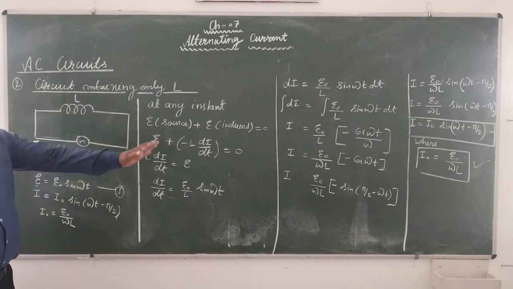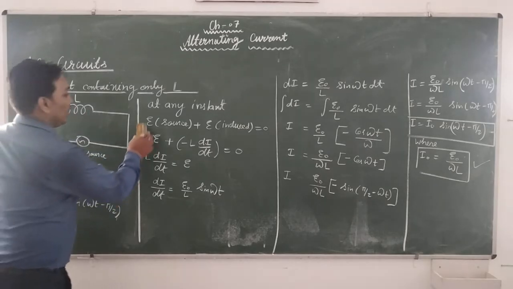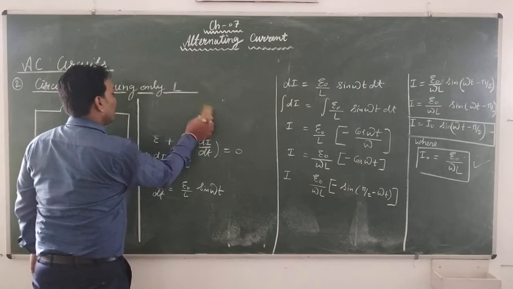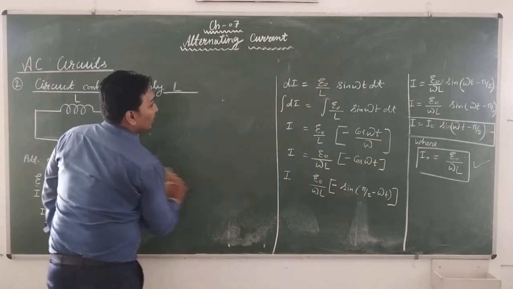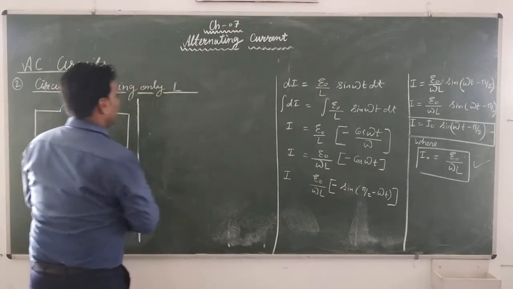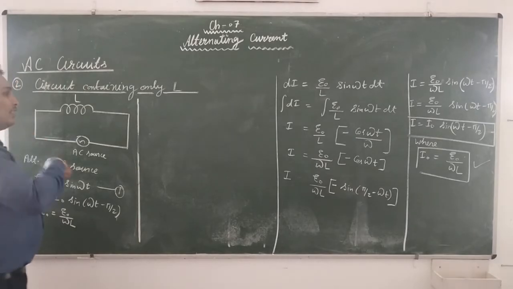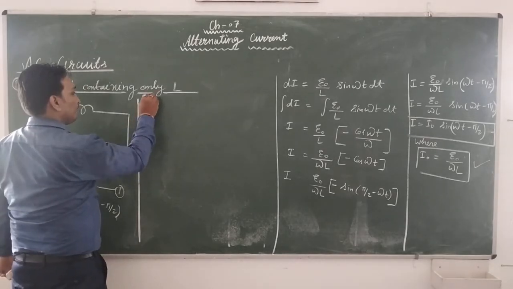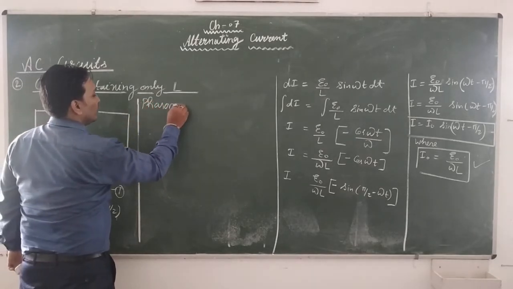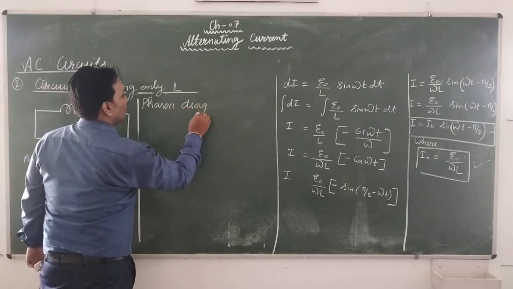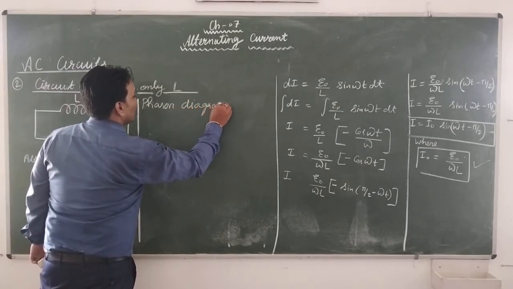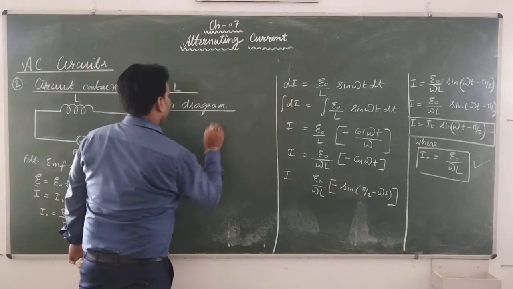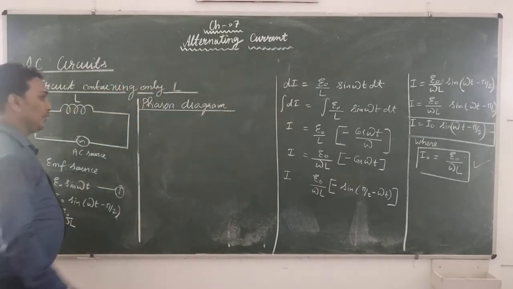After a whole lot of discussion, we have got this. Okay. Now let us draw the phasor diagram. Phasor diagram of this circuit. How is it going to be drawn? Let us see.